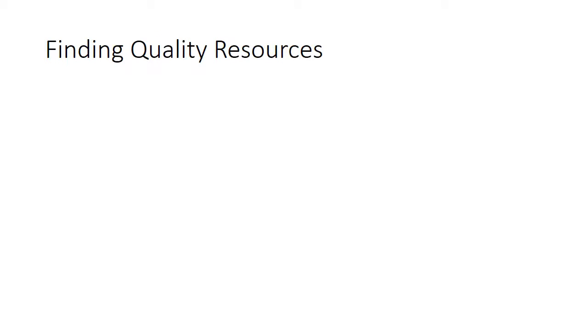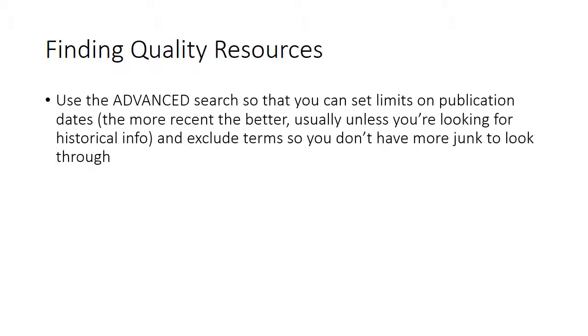Now, if you use the advanced search, that can limit things like when it was published. Usually, closer to today that it was published is usually better unless you're looking for historical information. And you can exclude terms you don't want to look for. So, for instance, if you're looking for academic success or student success, but you don't want it to refer to elementary students, you could eliminate the word elementary or primary or words that are associated with little kids in K through 12.